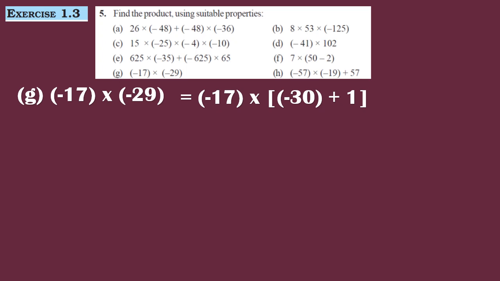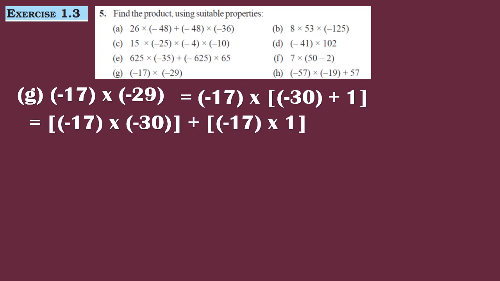Okay. So now use the distributive property. So minus 17 into minus 30 plus minus 17 into 1. And what is minus 17 into minus 30? Negative into negative, positive. 17 into 3, how much? 51. So it is positive, negative into negative, positive.